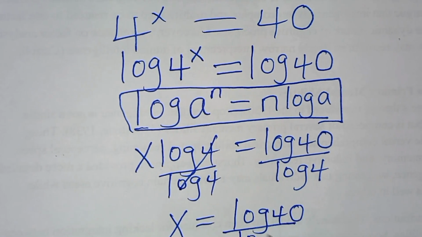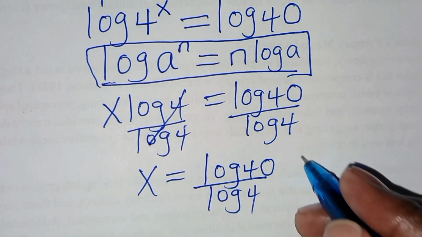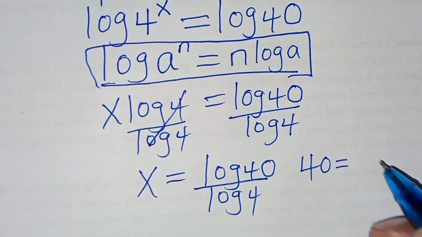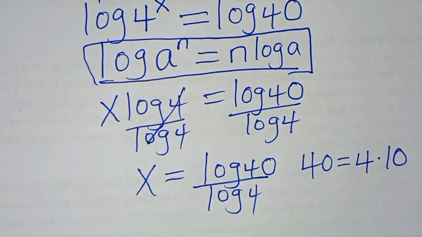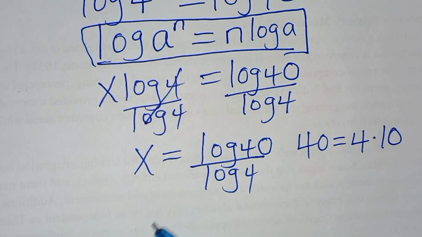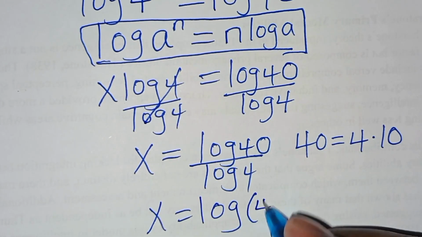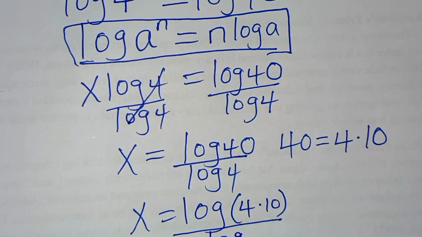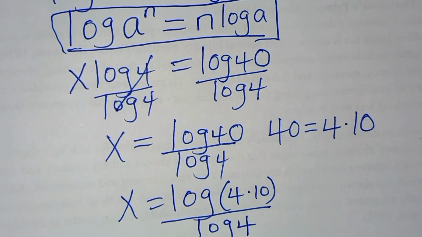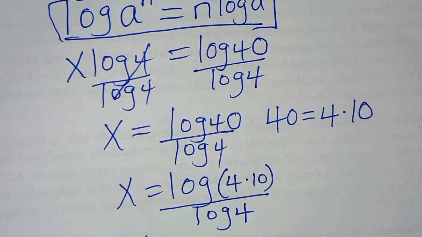divided by log 4. The next step is that 40 can be expressed as basically 4 times 10. So let's substitute this, then x is equal to log 4 times 10 divided by log 4. The next step is that log 4 times 10, this is in the form of log a times b.